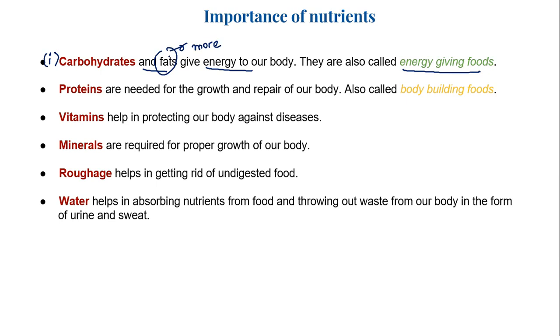Fats, we also call them body building foods. And then proteins is another important nutrient, right? This is needed for the growth and repair of our body. These are also called the body building foods.